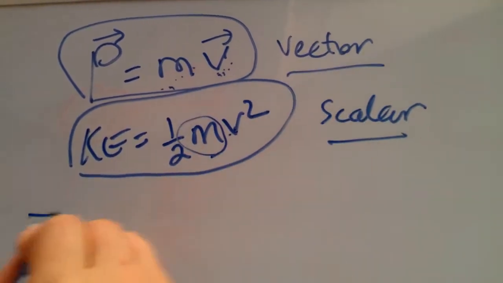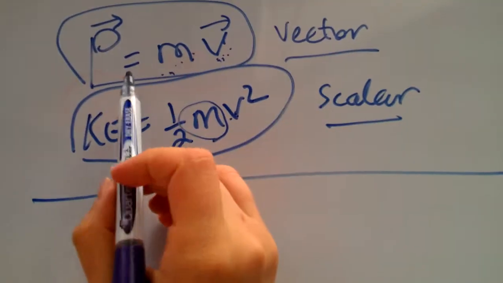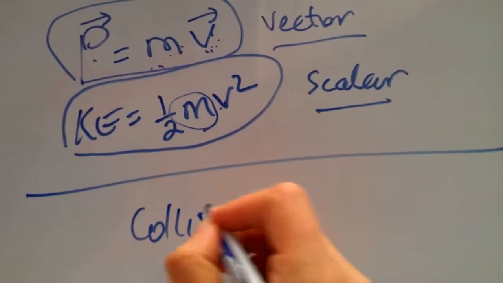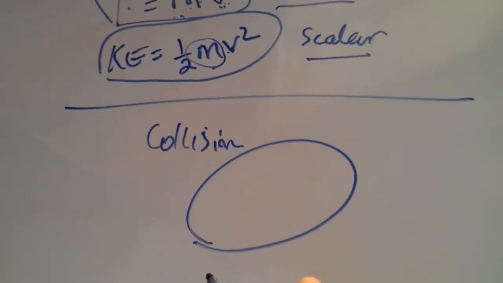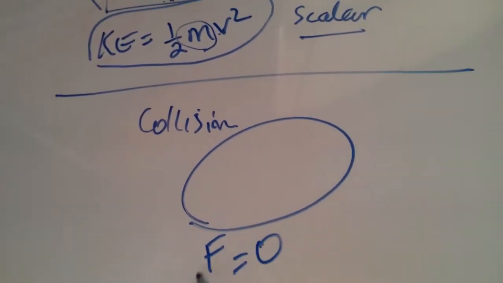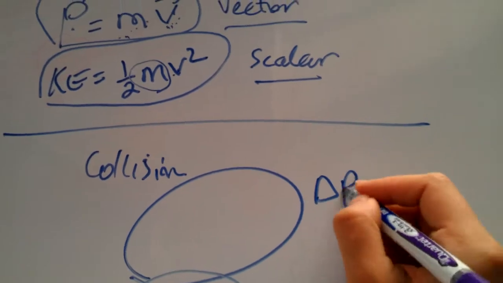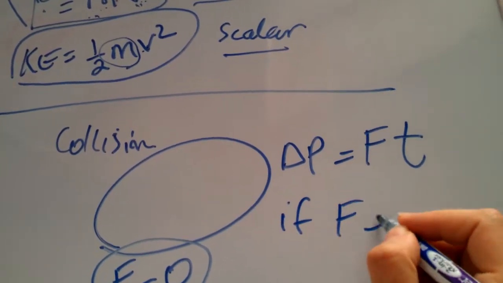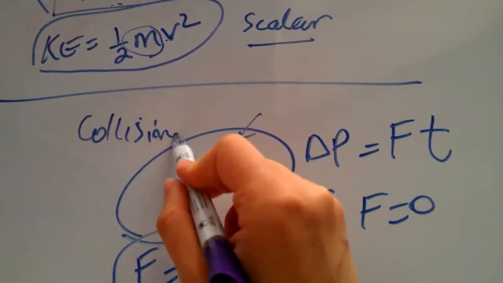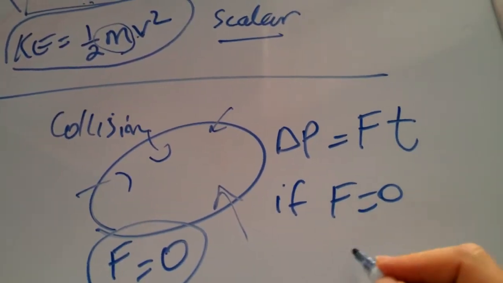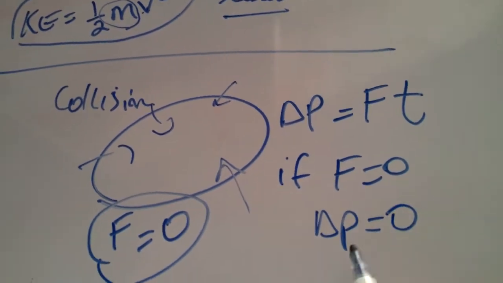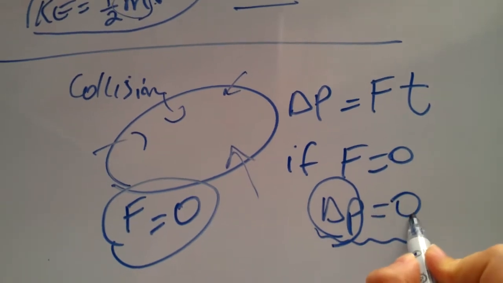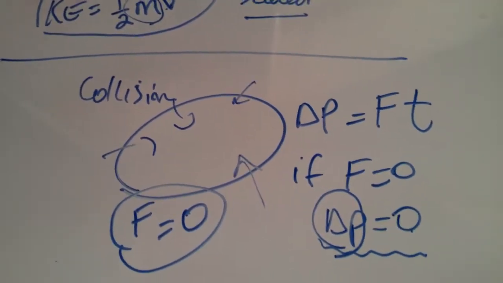So that's that. The other thing, if you recall, we have conservation of momentum in collision problems where we have a closed system where we don't have any external forces on it. We say delta P is F times T. So if F is 0, there is no force exerted on your system. If this is 0, delta P better be 0. And if delta P is 0, it means change in momentum is 0, which means conservation of momentum.